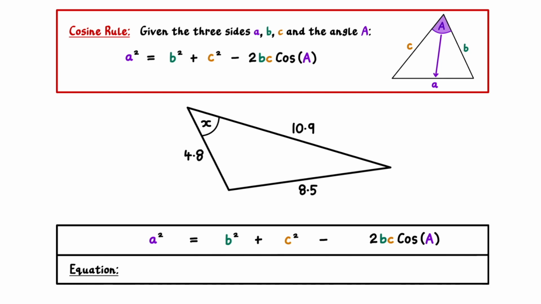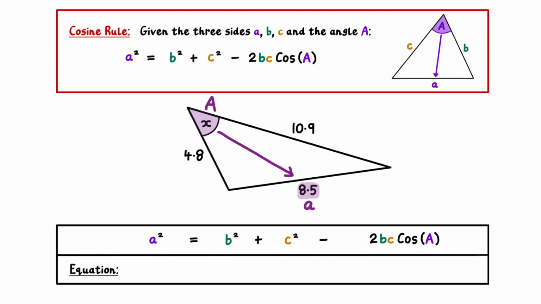In our final example, the three sides are labelled as 4.8, 10.9 and 8.5. One of the angles has been labelled as x. We should label the angle, x, with capital A. The side opposite, 8.5, gets labelled with lowercase a.